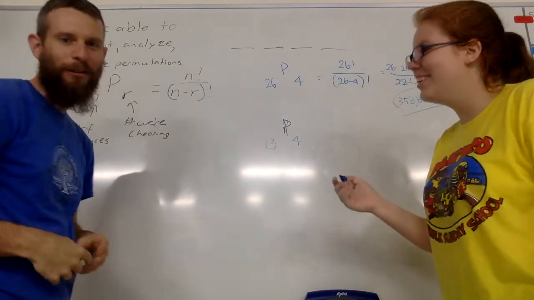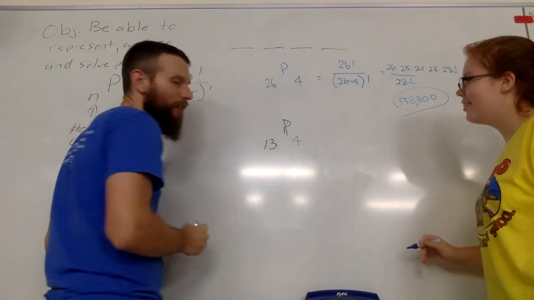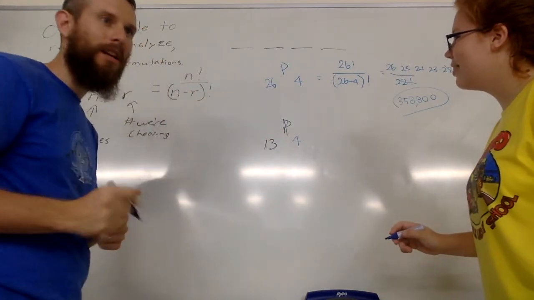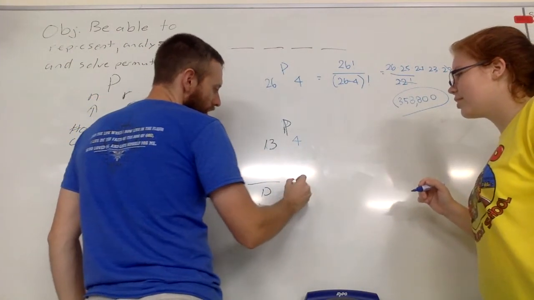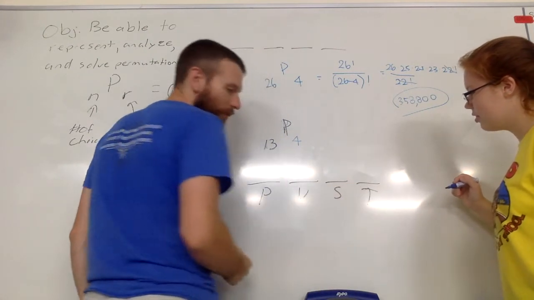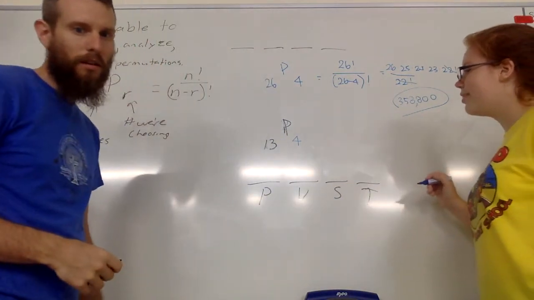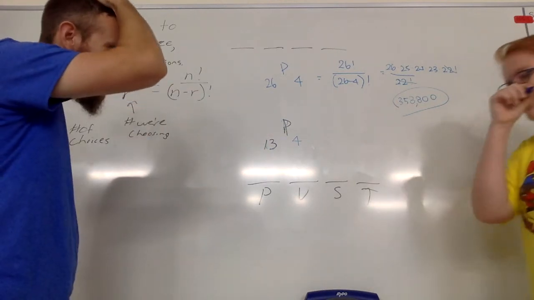The important thing you need to recognize here is that even though we're not saying there's going to be a first, second, and third, we are saying that there's a president, a vice president, a secretary, and a treasurer. But wait, does the order matter in this one? I'm glad you asked. It does.